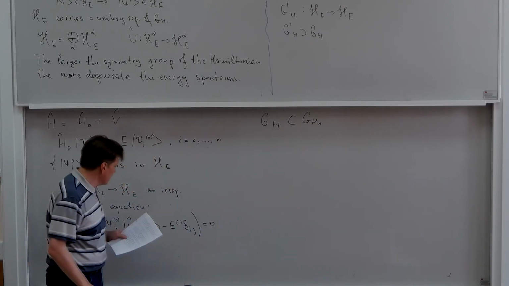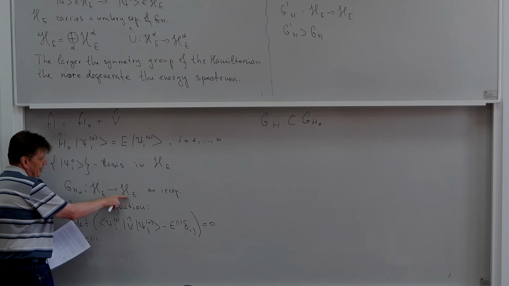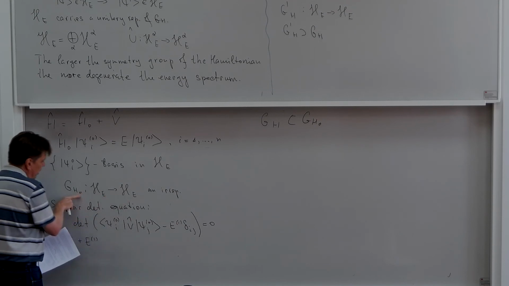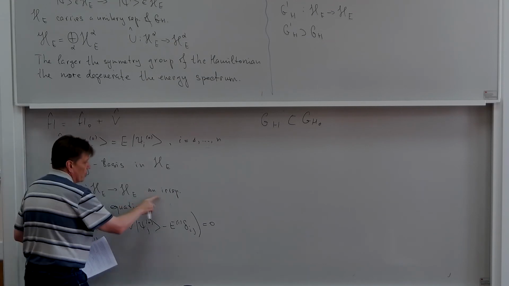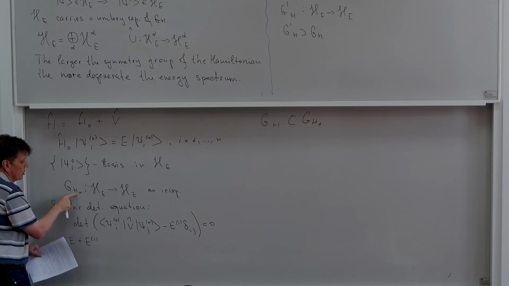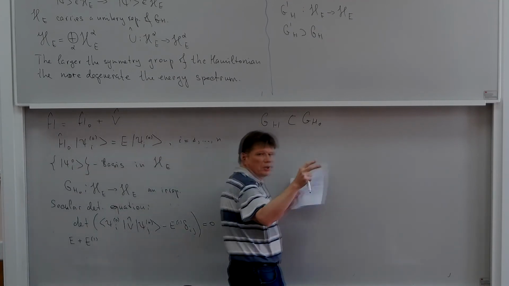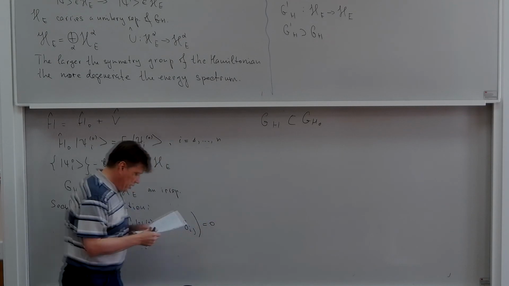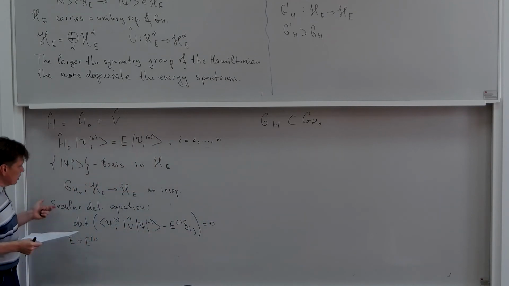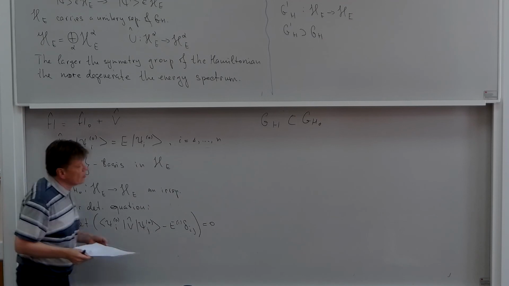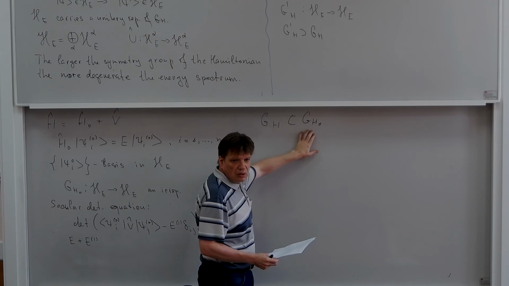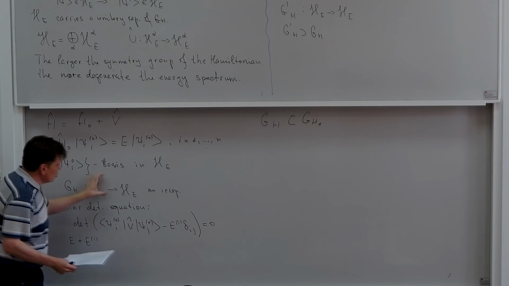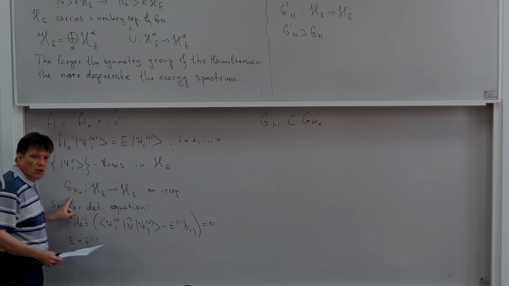By definition, each eigenspace of the unperturbed Hamiltonian carries an irreducible representation of the symmetry group G_H0, this big group G_H0. And it is clear that it is also a representation space for any subgroup G_H inside this G_H0.